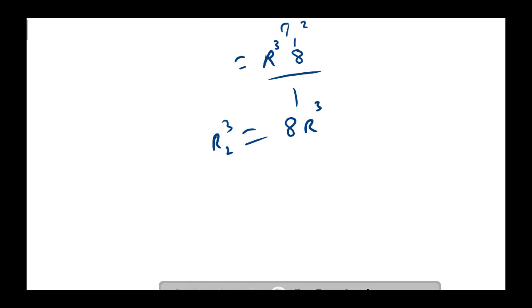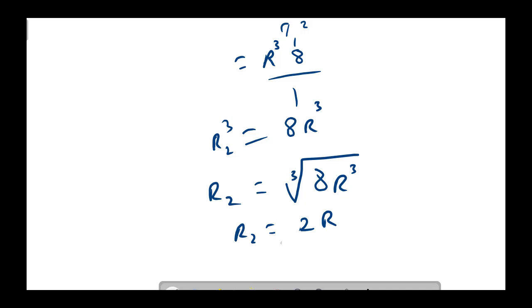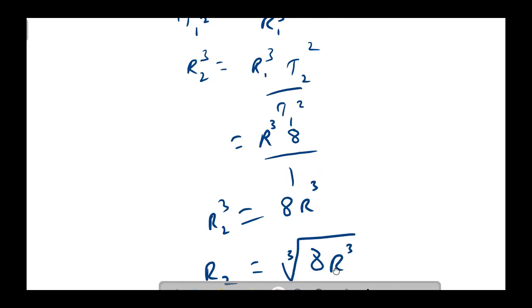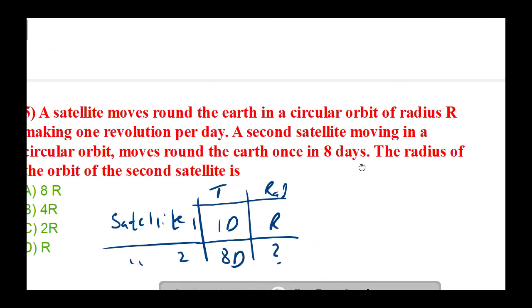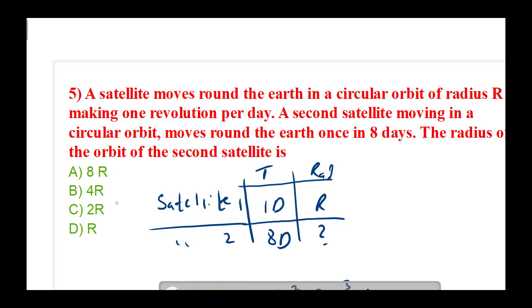If we take the cube root, the cube root of 8 is 2 and the cube root of r cube is r. So the answer R2 would be equal to 2r. So 2r is given, C is the correct option.